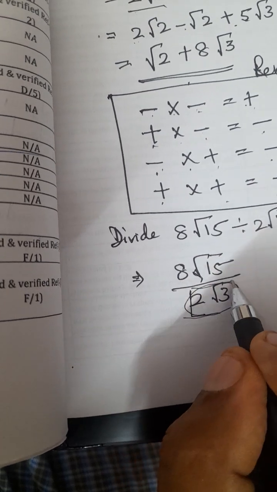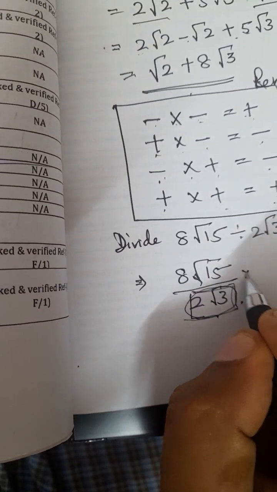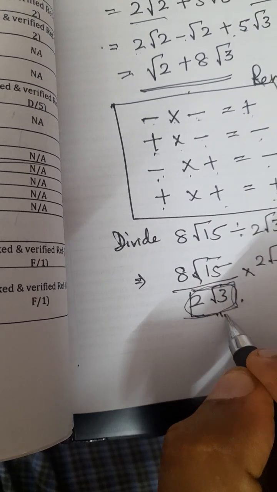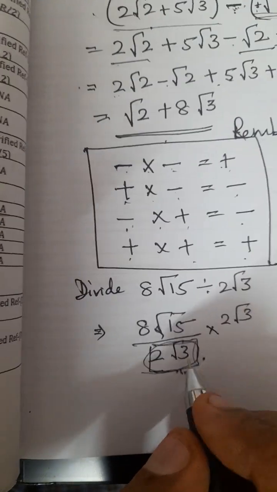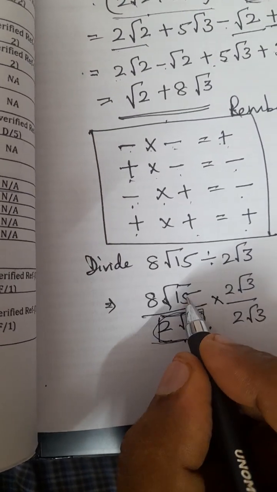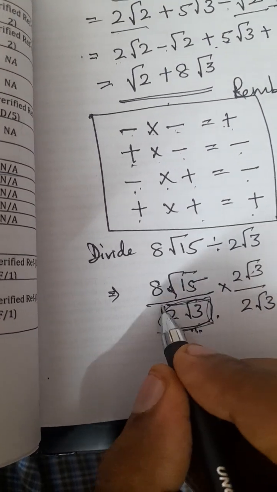So I multiply both numerator and denominator by the same number which is in the denominator, 2 root 3. Both numerator and denominator are multiplied by the same factor, 2 root 3.